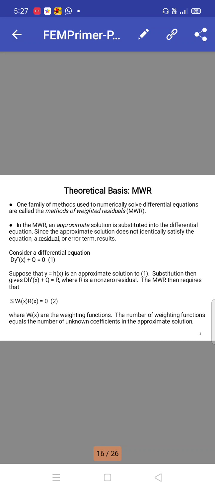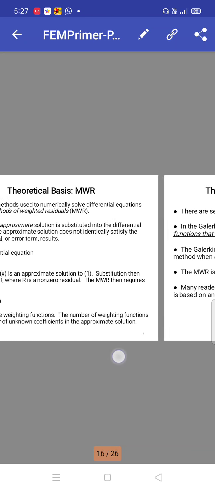Suppose y is equal to h of x is an approximate solution. Substitution then gives h double prime of x plus q is equal to R, a non-zero residual. The method of weighted residuals then requires that the integral of w of x times R dx is equal to 0, where w of x is the weight function. The number of weight functions equals the number of unknown coefficients in the approximate solution.